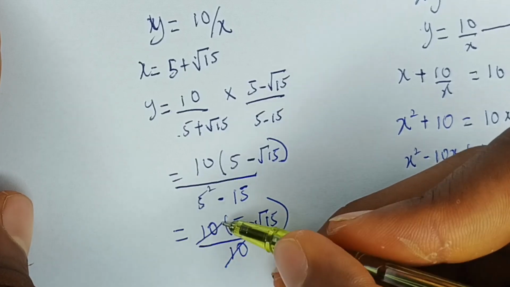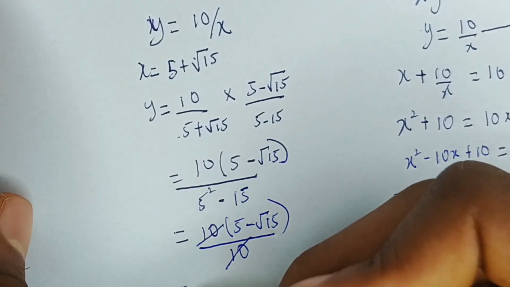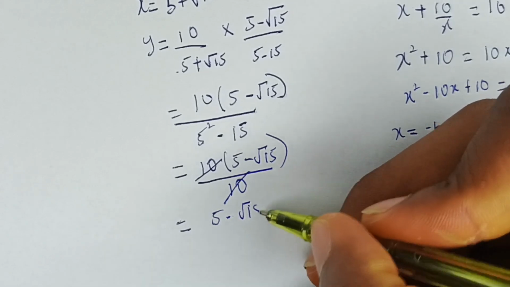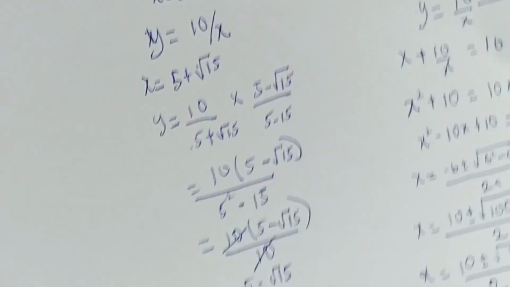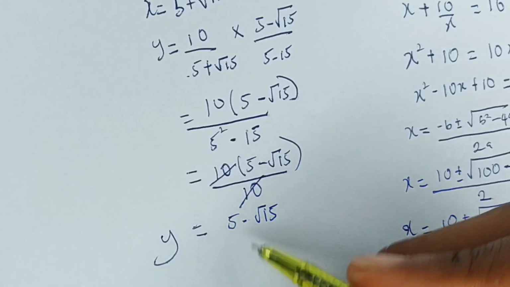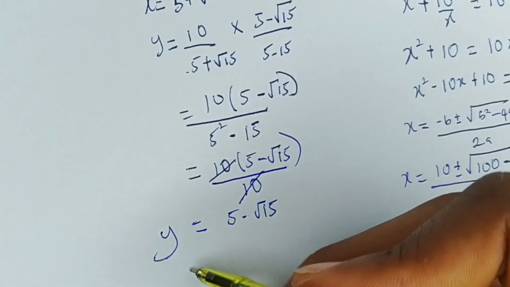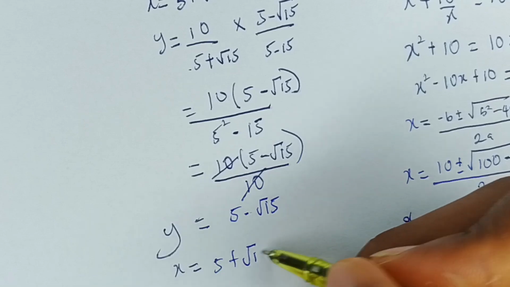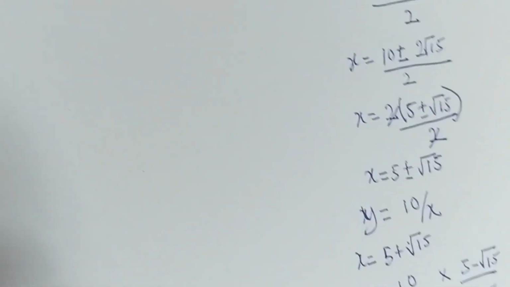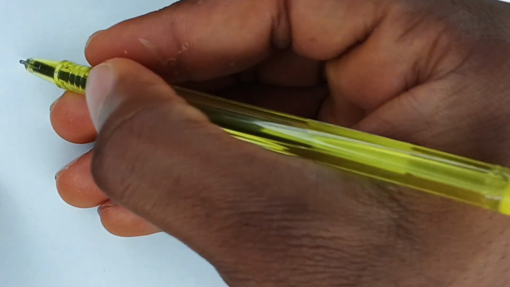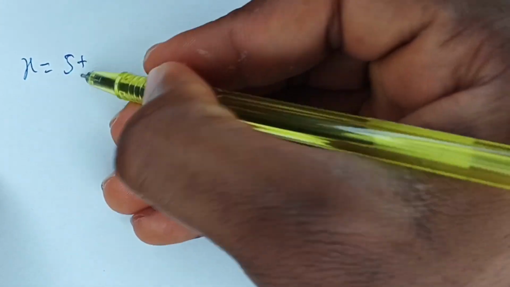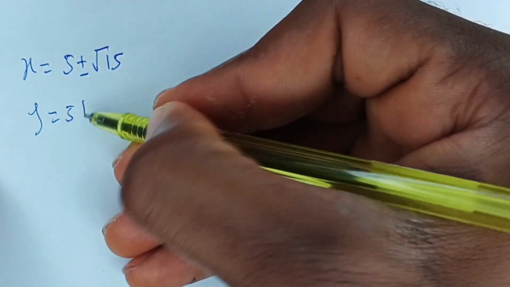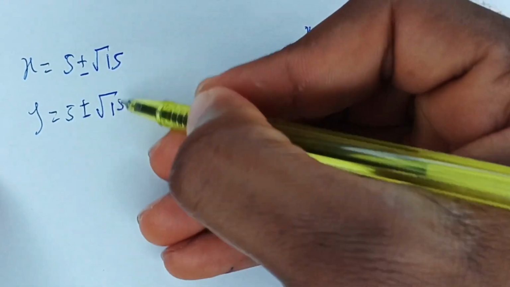Now 10 takes 10, so we are left with 5 minus root of 15. So y will be equal to 5 minus root of 15 when x is equal to 5 plus root of 15. Concluding, we can say that x is equal to 5 plus or minus root of 15, and y is equal to 5 minus or plus root of 15.